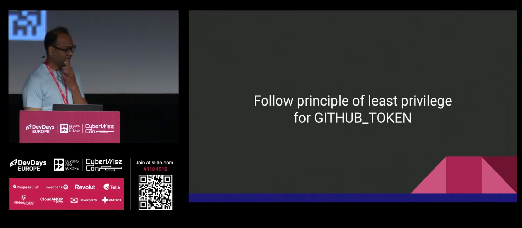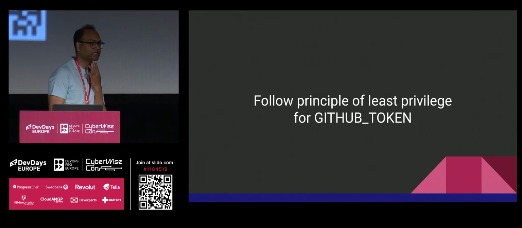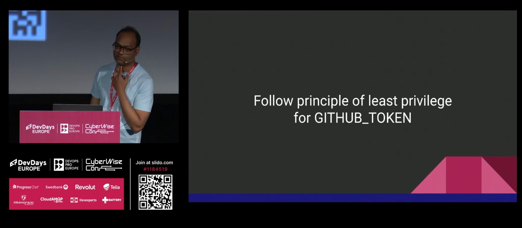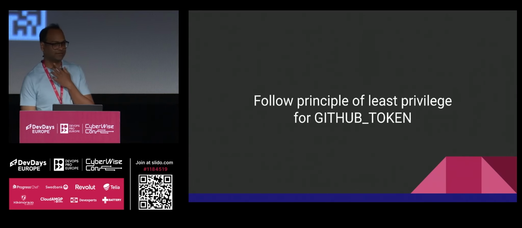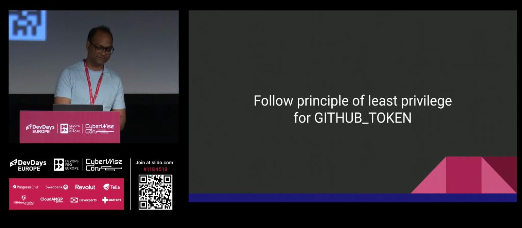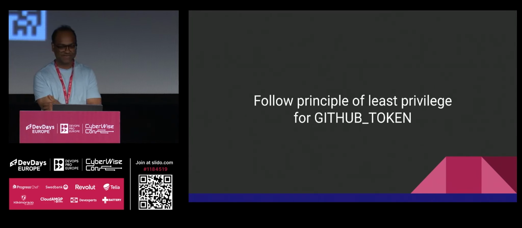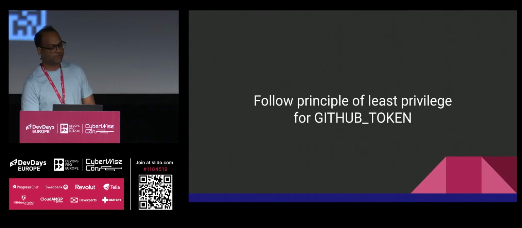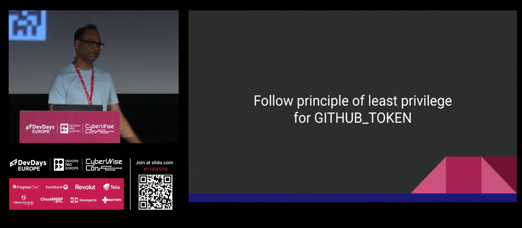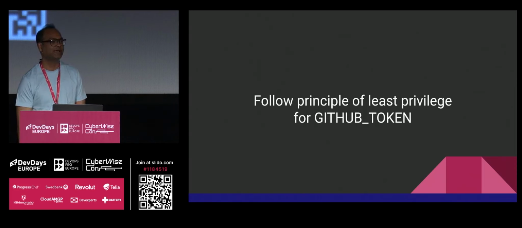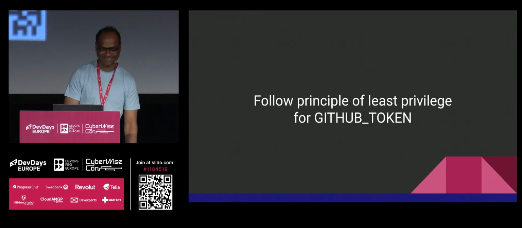This is very interesting because one of the most powerful things in the GitHub universe is the GitHub token. We all know that, right? And if someone steals your GitHub token, then God save you. So follow least privilege. This is something which we also don't do. Who actually follows this least privilege principle here? Anyone? Wow, thank you.